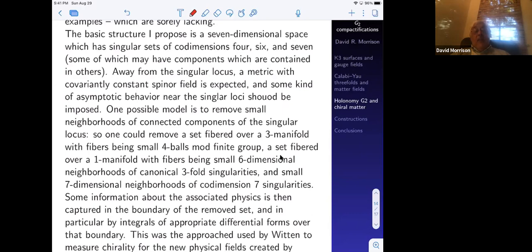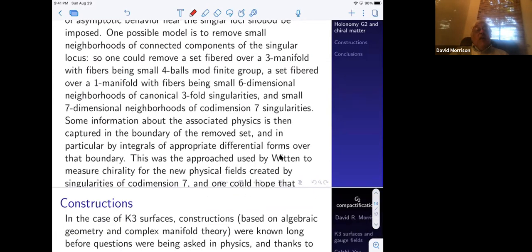And then I would get some information about the physics from the boundary of the removed set. So if I take appropriate kinds of differential forms on that boundary and do integrals of those differential forms, I can capture a number of the physical features of the removed set. If I thought that the removed set was responsible for things like gauge symmetry and matter, then I would definitely expect from standard geometric approaches to gauge symmetry and charged matter to see such a formulation in terms of differential forms on the boundary.